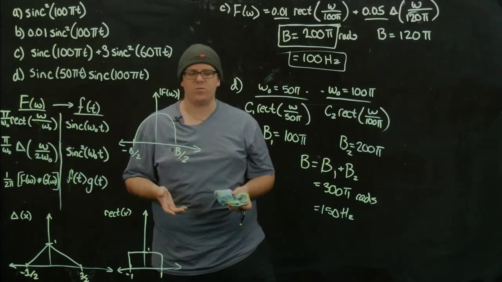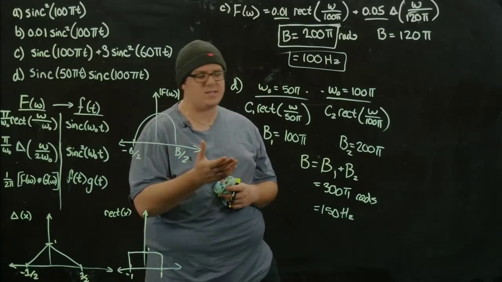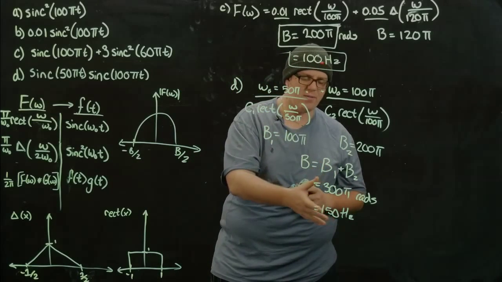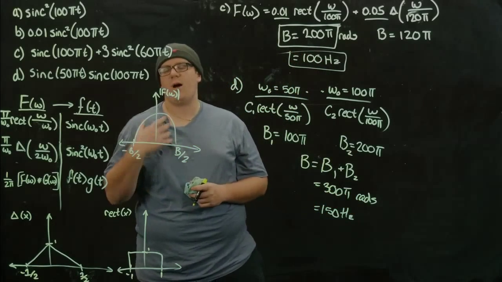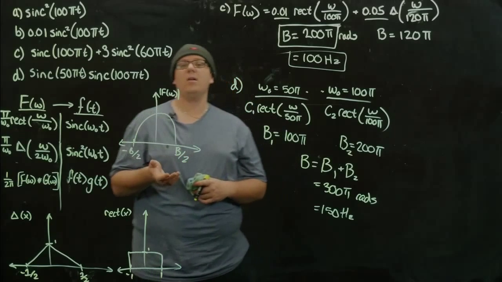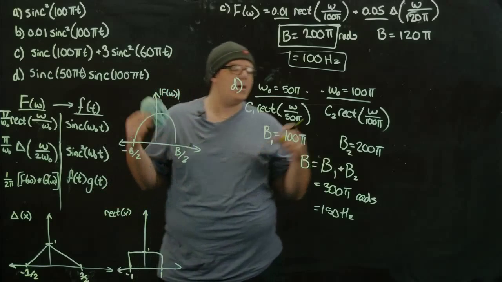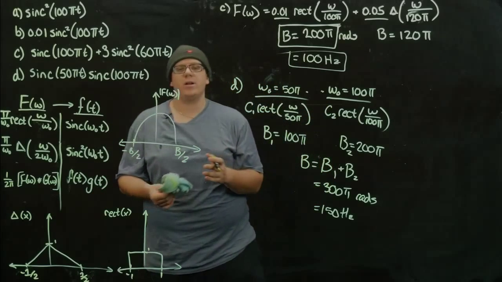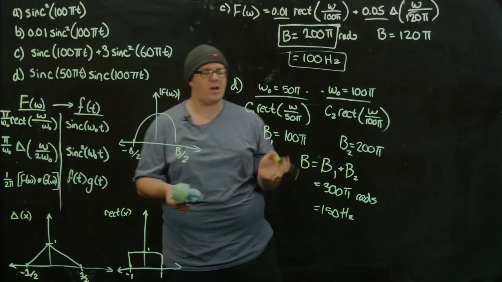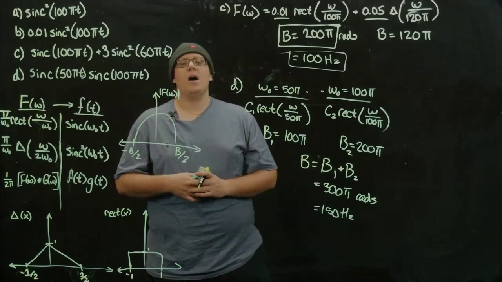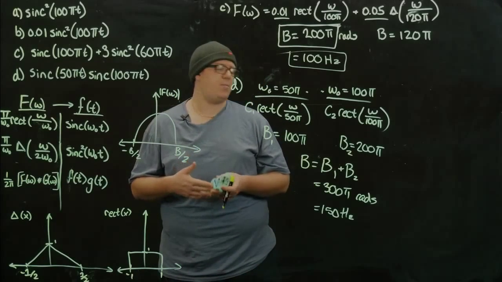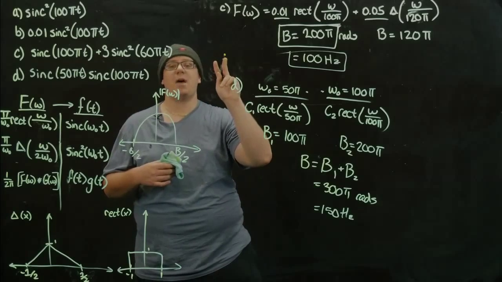All right, so I hope you learned something about bandwidth here today. I'm just going to mention one thing. If we have a system that needs to have this bandwidth, we also would like to know how fast we need to sample our functions, because say, for instance, that we are using a digital system instead of an analog system where we need to sample. Our sampling rate for our sampler has to be twice the bandwidth.